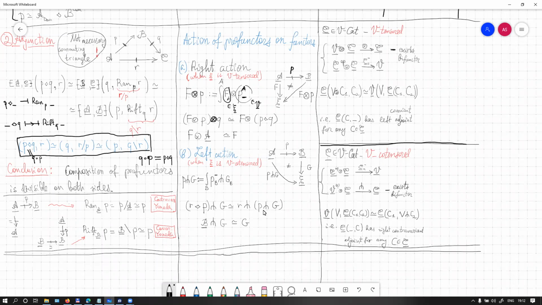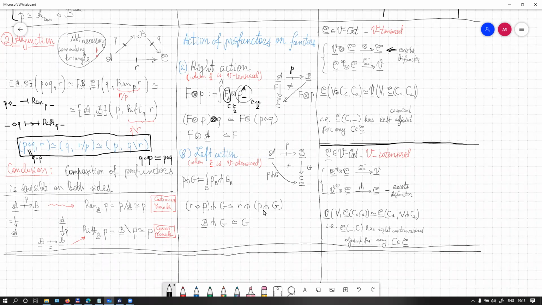So an enriched category is called V-tensored if there exists a bifunctor which is denoted, again, as tensor. I know there are too many tensors. You will ask me, so why everywhere tensor? Well, maybe one day I will give a little order in all this math, because everywhere is the same symbol.